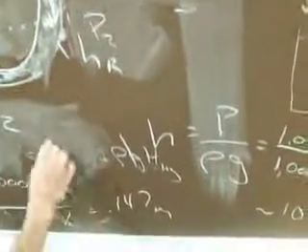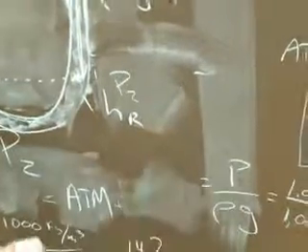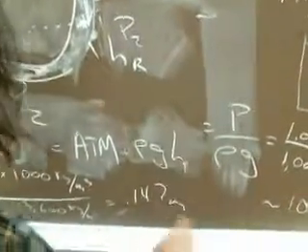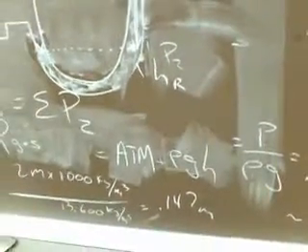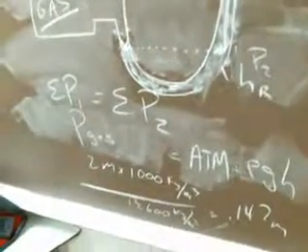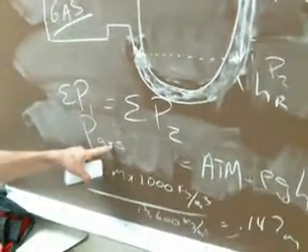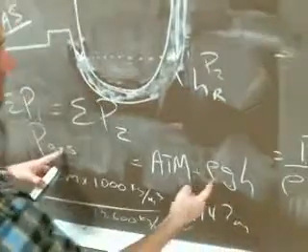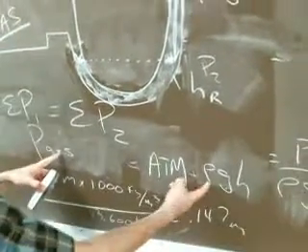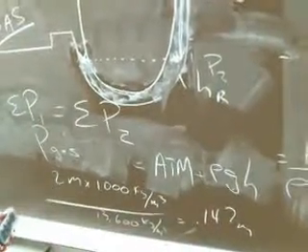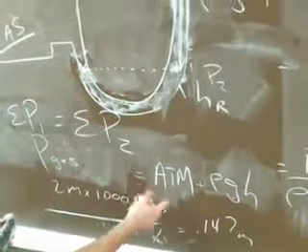So I either tell you the pressure of the gas and you tell me the density of that fluid because you know the height, or I tell you the density and you tell me the pressure of the gas. It'll have to be bigger than atmosphere.